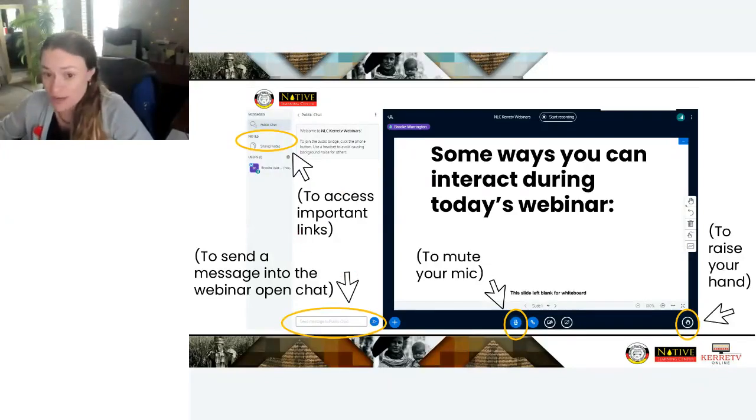If you open the chat now, you can see various links that I've already posted in there for you. I have also posted them to the shared notes section. If you do join and have your mic on, you can always mute it by clicking on the microphone icon at the bottom of the screen. And if you want to raise your hand, say you asked a question in the chat and you think maybe we didn't notice, or we went past that topic, you can always raise your hand to help us draw attention to it.